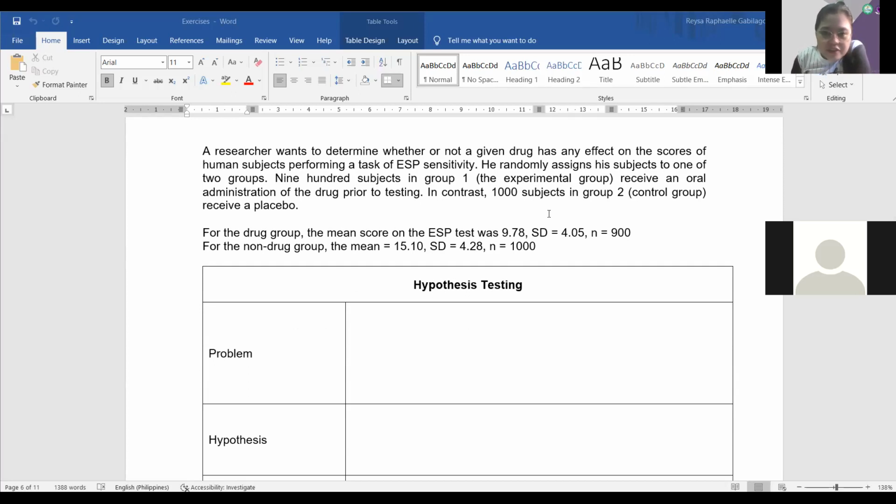Okay, here it is. The effect of the drug on the scores of human subjects performing a task of ESP sensitivity. Actually, all of your answers are correct. When you say problem, the problem here is that the researcher really wants to determine whether a given drug has any effect on the scores of human subjects performing a task of ESP sensitivity.